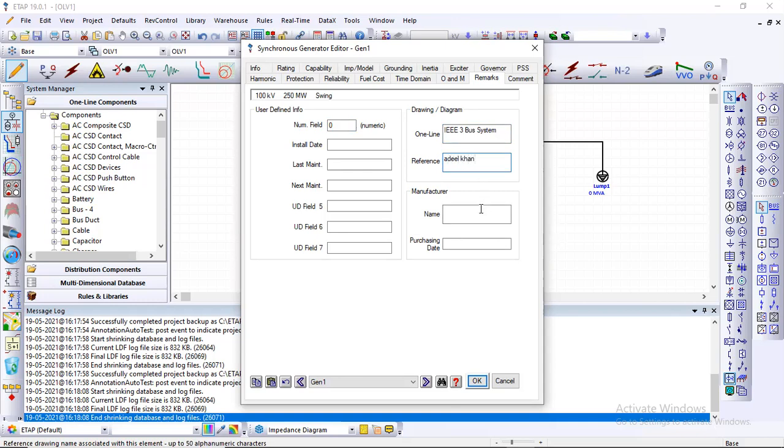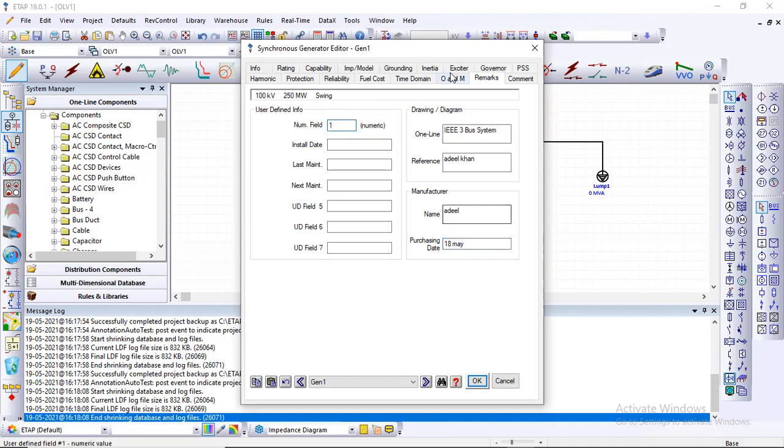Name, and purchase date. That would be 18 May 2021. The numeric number field would be 1.